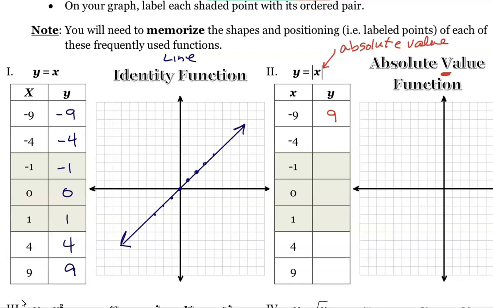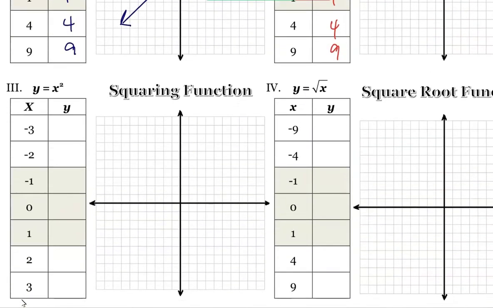If it was -4, my Y is 4. 1, 0, 1, 4, 9. Okay, so that's going to start here. You're going to have a line coming out of both sides of the origin. Here is your V for victory. Okay, there you have the absolute value function. Think about the V. All right, keep on going down.